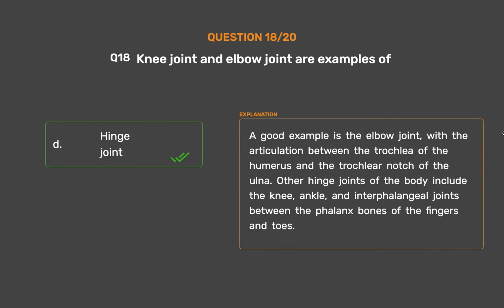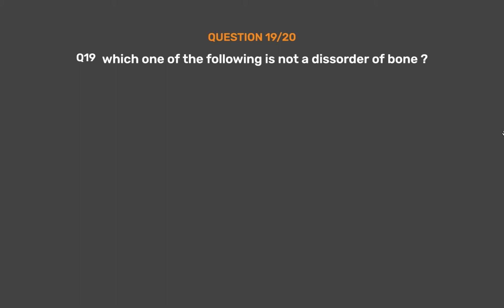A good example is the elbow joint, with the articulation between the trochlea of the humerus and the trochlear notch of the ulna. Other hinge joints of the body include the knee, ankle, and interphalangeal joints between the phalanx bones of the fingers and toes.